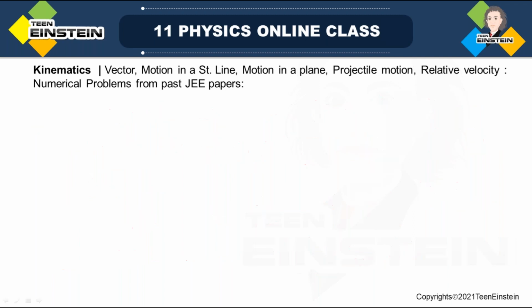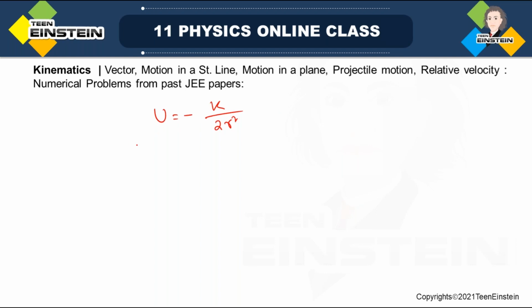Potential energy is already given. We have to find out the total energy. Let us first find out the potential energy itself. This is the nature of the potential energy. So what is the potential energy for this case? You have to put the radius over here.